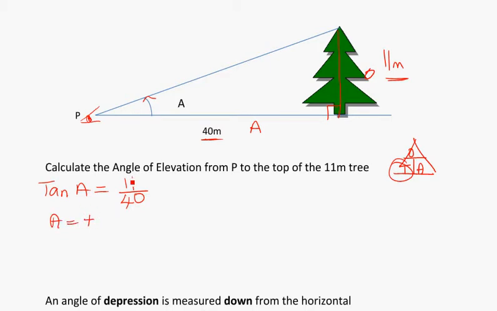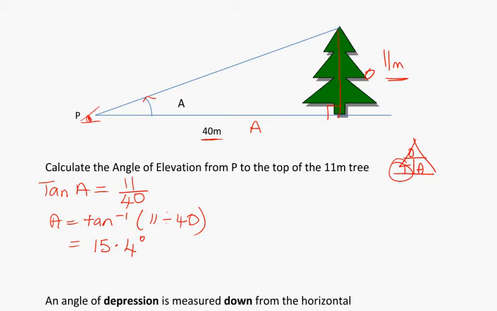If the tan of A is 11 over 40, A equals the inverse tan, bracket 11 divided by 40. And now put that into your calculator, and you'll get 15.37, or rounded to 1 dp, 15.4 degrees. So that's your angle of elevation.